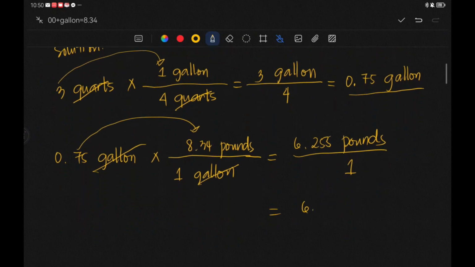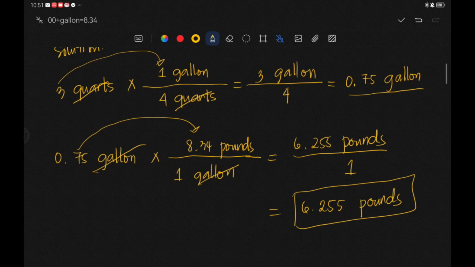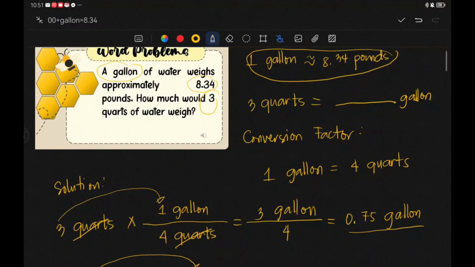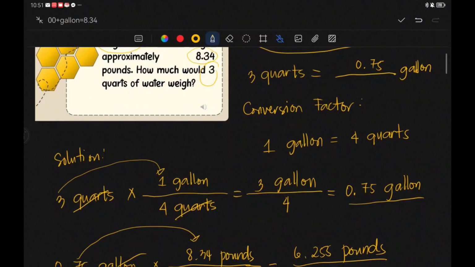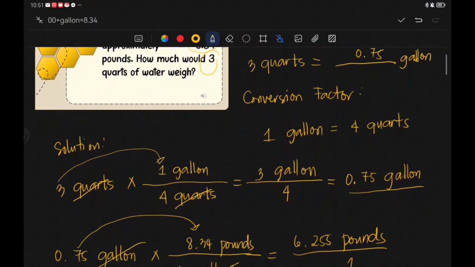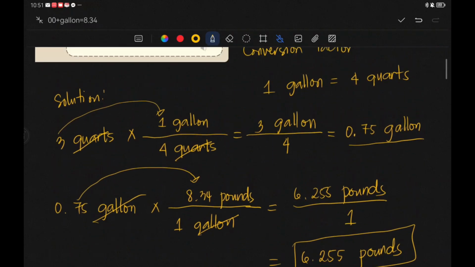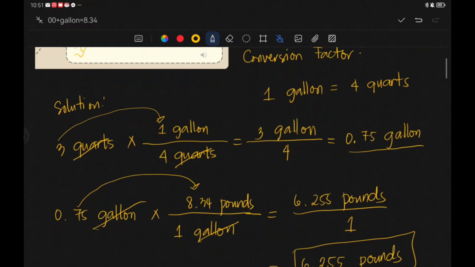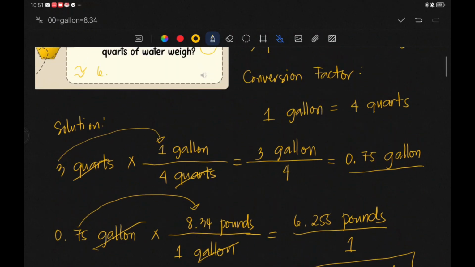So that is 6.255 divided by 1, that's 6.255 pounds. Therefore, 3 quarts of water would weigh approximately 6.255 pounds.